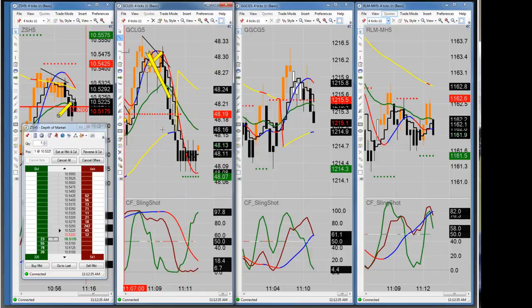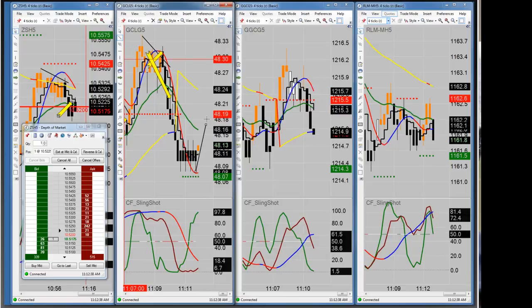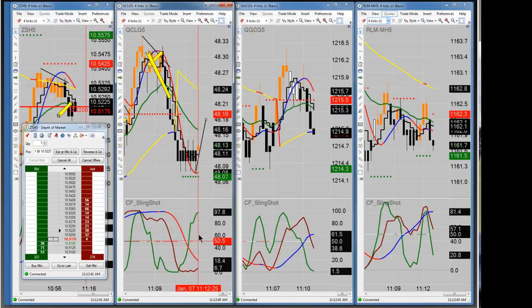Crude's starting to pull back a little bit. This is bearish divergence right here on the crude. Okay, this right here is bearish divergence.